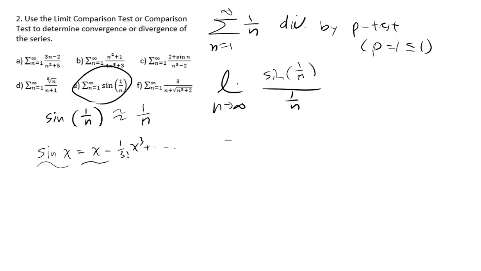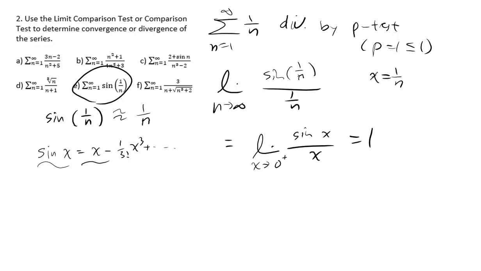Well, I think you probably want to use change of variable, so set x equal to 1 over n, so the top will be sine of x, the bottom will be x. And then instead of n, we have to say where x goes to. When n is infinity, 1 over infinity is 0, so x will go to 0 plus. But what's the limit of sine x over x when x goes to 0? We learned in Calculus 1 that this is equal to 1.